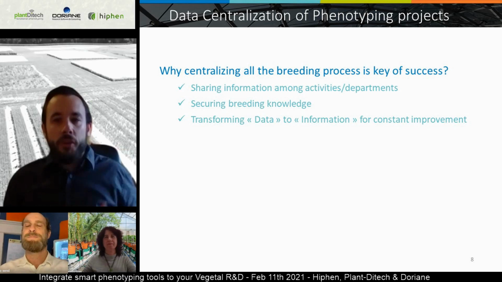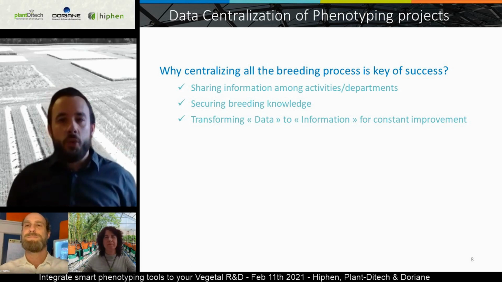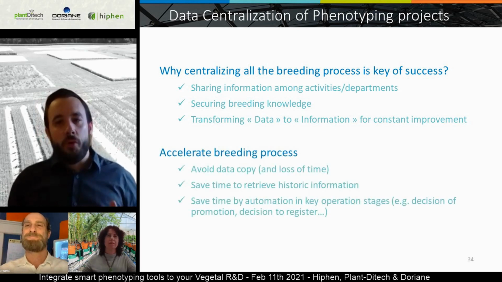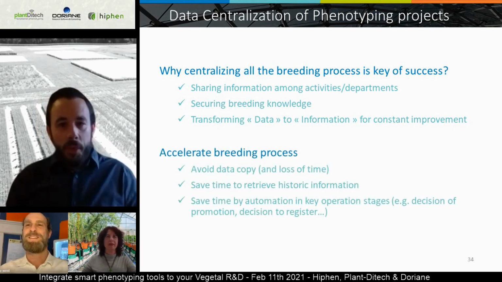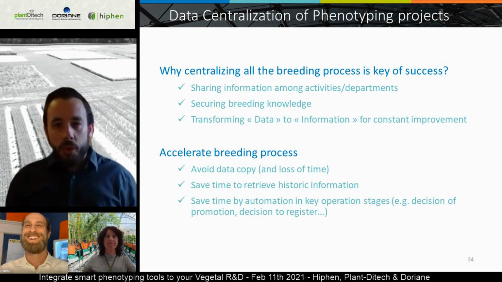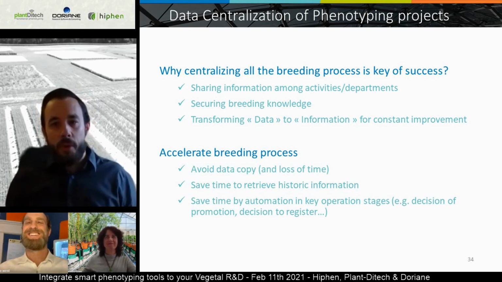And finally, transforming centralized data into information for constant improvement. So it should make the breeding processes move forward by avoiding data copying, saving time retrieving historic information, and proposing to automate some tasks which can be repetitive at key operation stages.